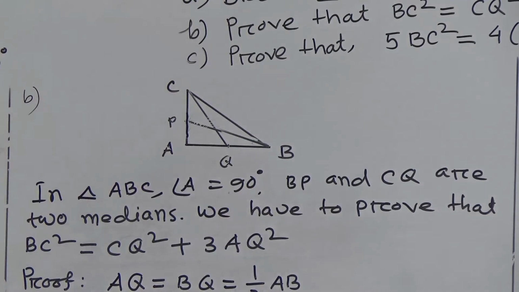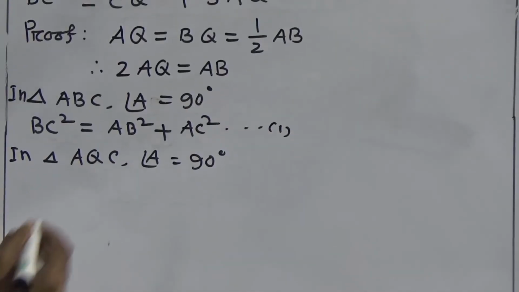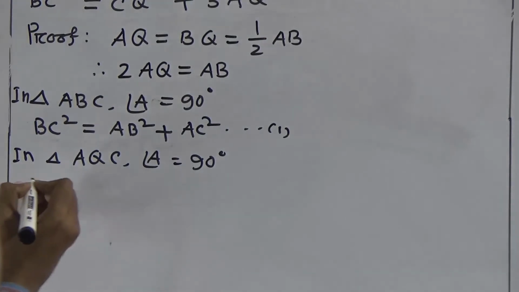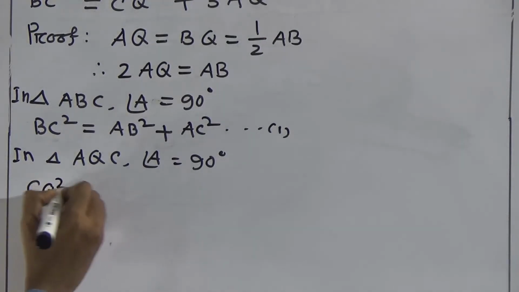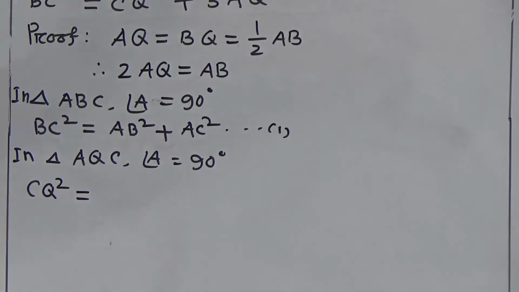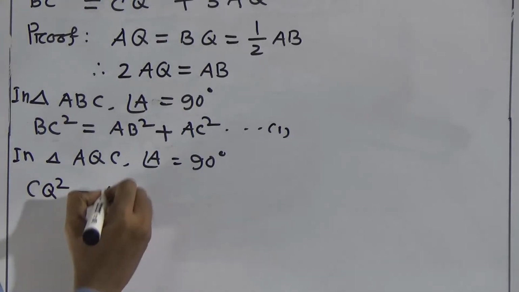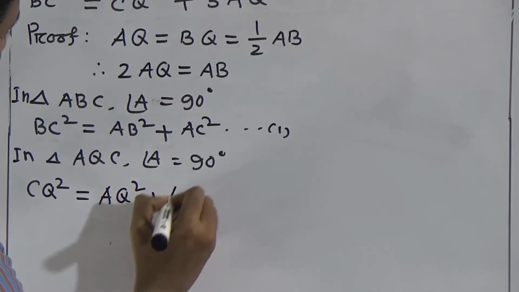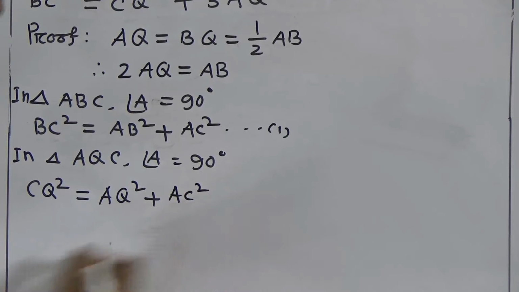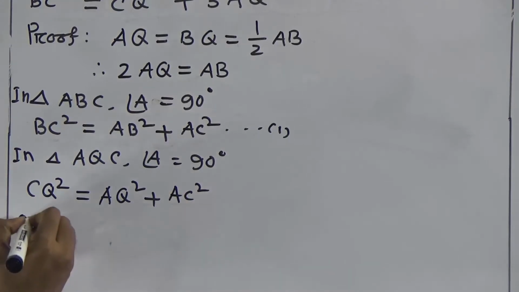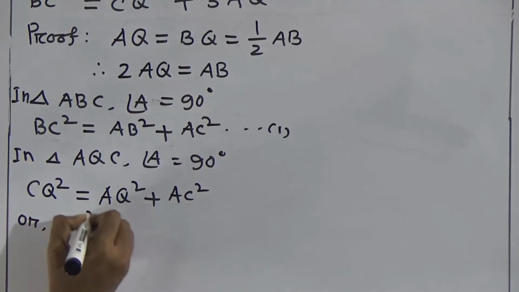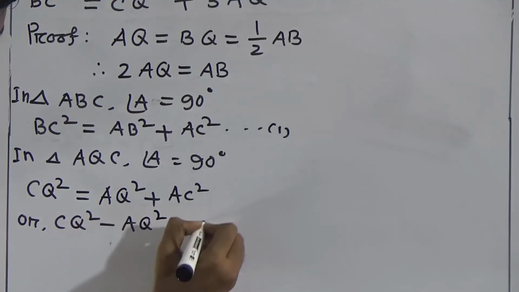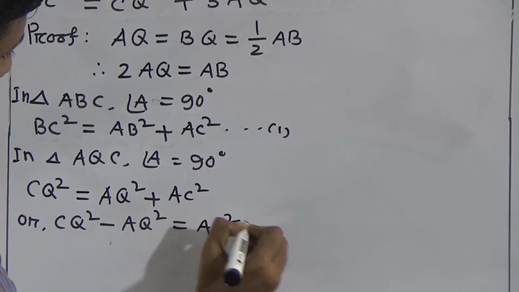For this triangle, CQ square equal to what? CQ square equal to AQ square plus AC square, or CQ square minus AQ square equal to AC square.